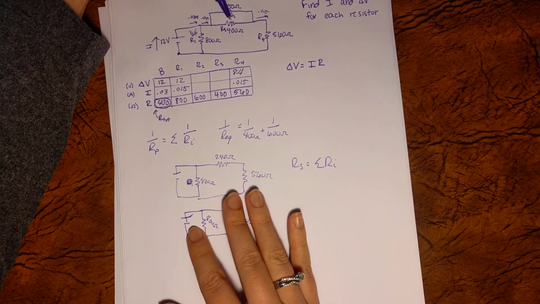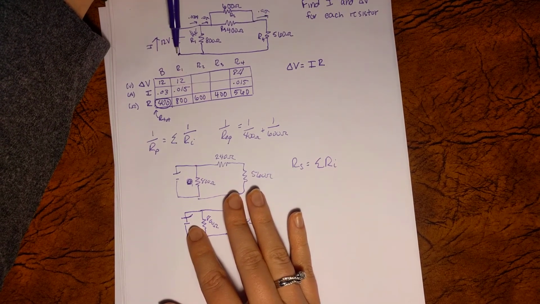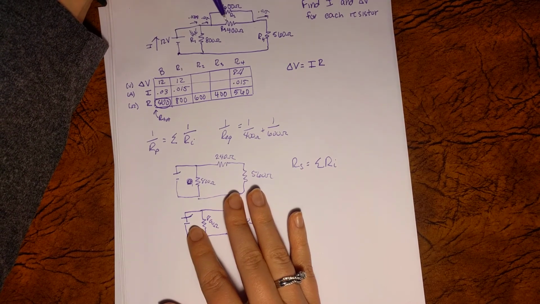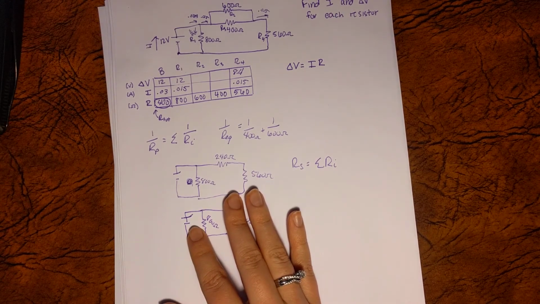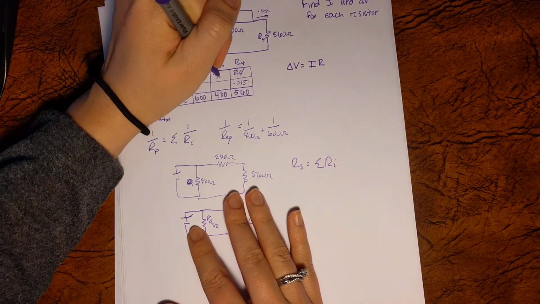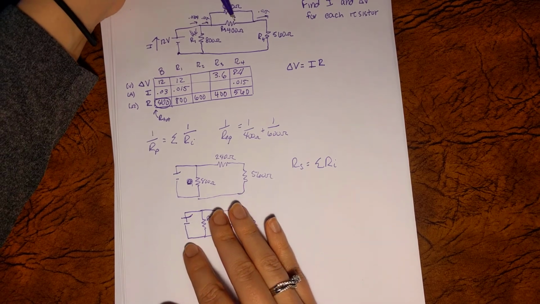I know I have some voltage drop here and some voltage drop here, and I return. From that 12 volts, we know 8.4 is dropped there. So for my 400 ohm resistor, it's just 12 minus 8.4, giving us 3.6 volts in resistor 3. So we have a change in voltage of 3.6 volts through this resistor.